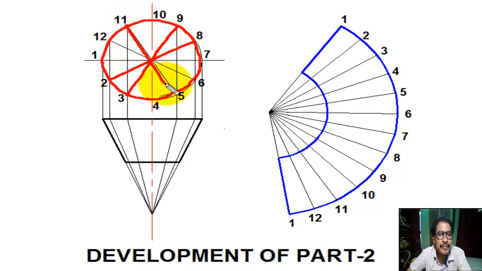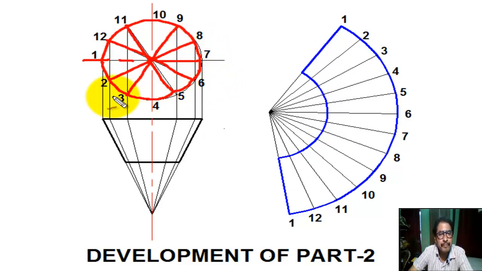In opposite direction, this is 60 degree. In opposite direction, this is 30 degree. This is the center line. This is also the center line. Now, mark this point 1, 2, 3, 4, 5, 6, 7, 8, 9, 10, 11, 12.